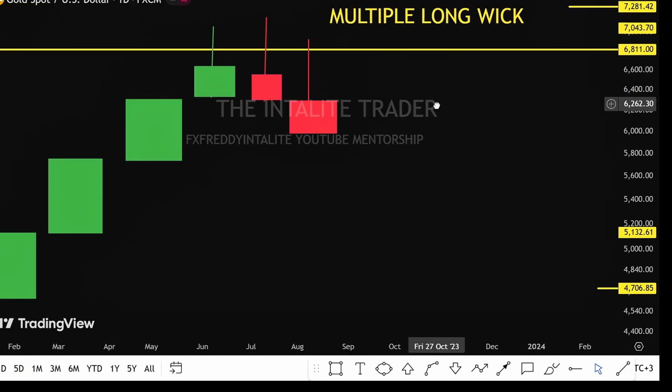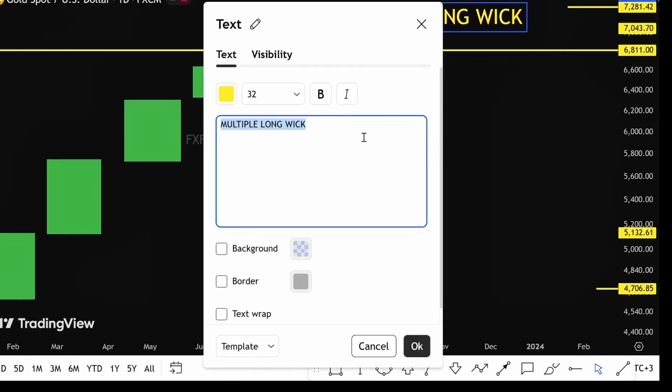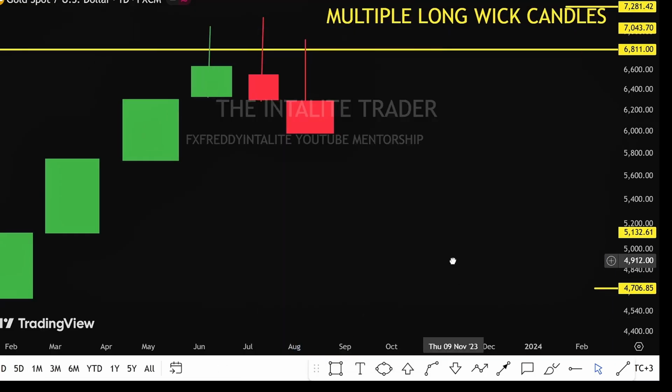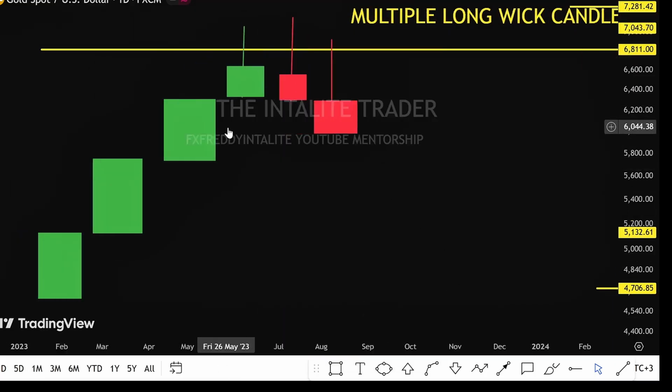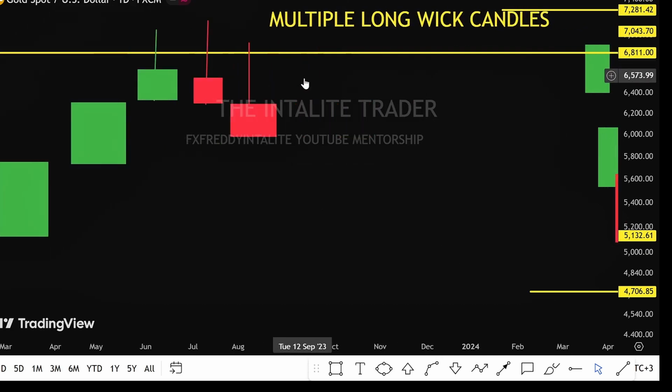These are what we call multiple long wick candles. You have many candles forming at the same level. We shall see these things, all of them, how they happen, how they have been forming. This can be even a doji.